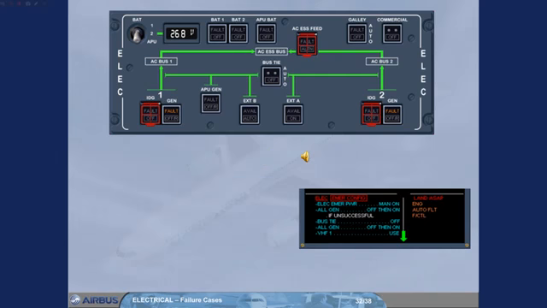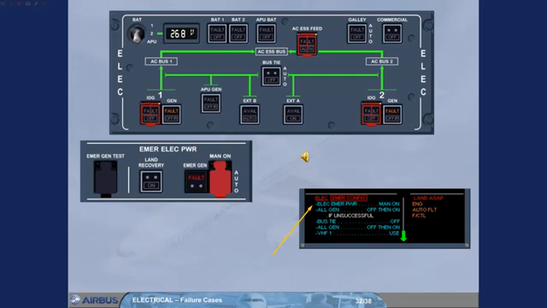If the emergency generator fails to start, a specific line appears in the emergency alert procedure, telling you to manually switch it on, using the MAN ON guarded push button.